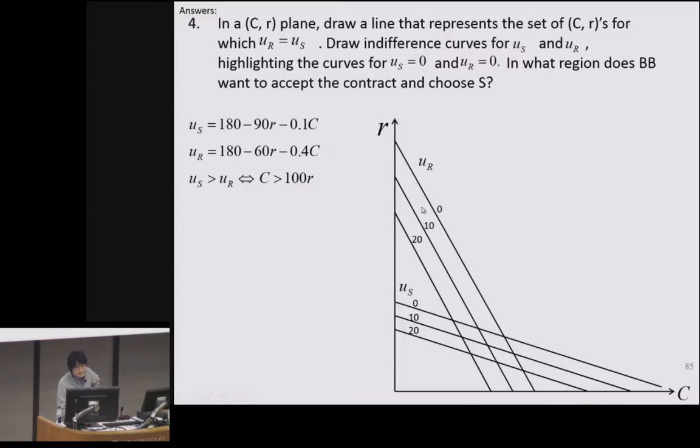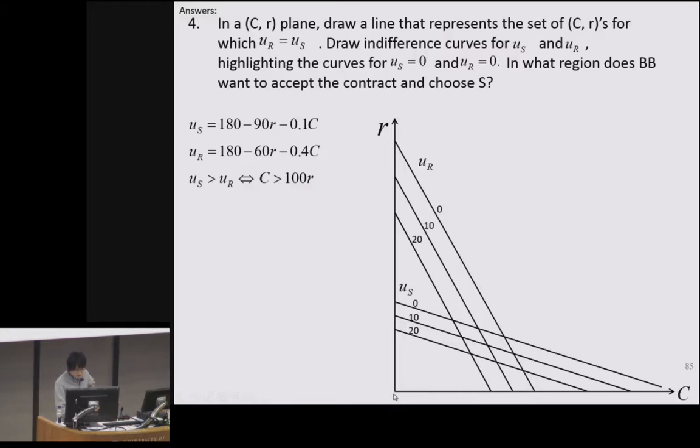And let's highlight the indifference line for utility being 0. Notice that the utility for Brown Bakery goes up in this direction, so the origin is the highest. For Brown Bakery, the borrower, interest rate isn't good, collateral isn't good.